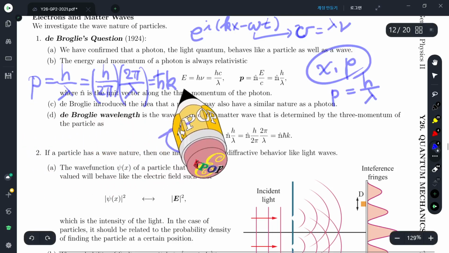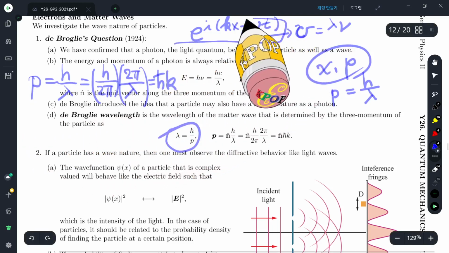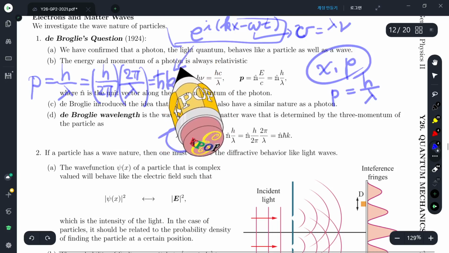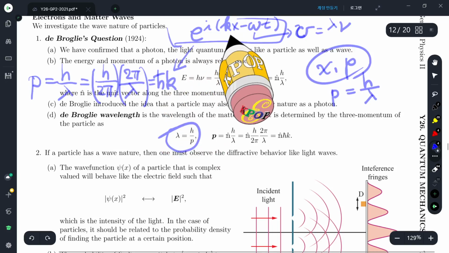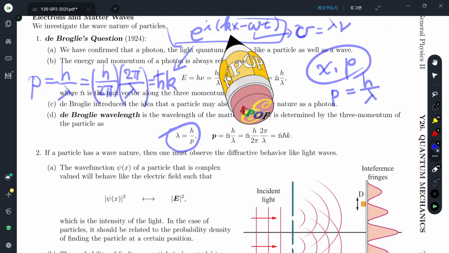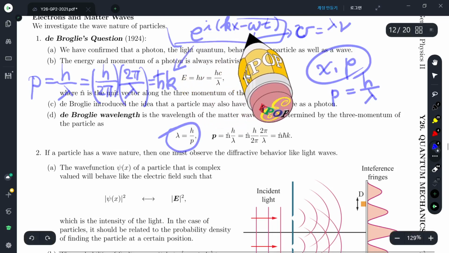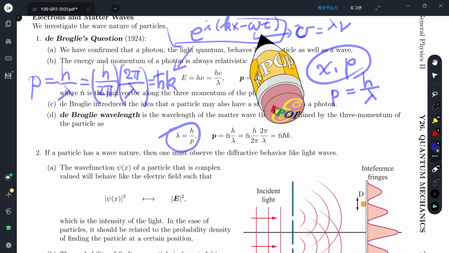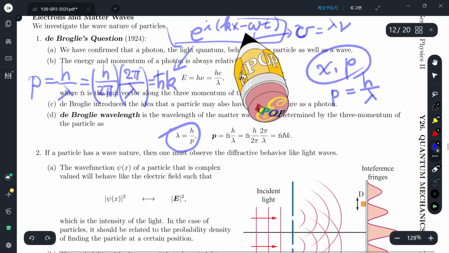So this wave has a certain momentum because k is fixed. However, the probability of finding this particle, this wave, can be interpreted from the intensity at any point.